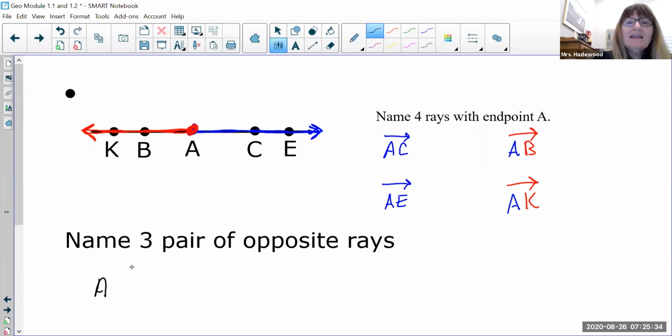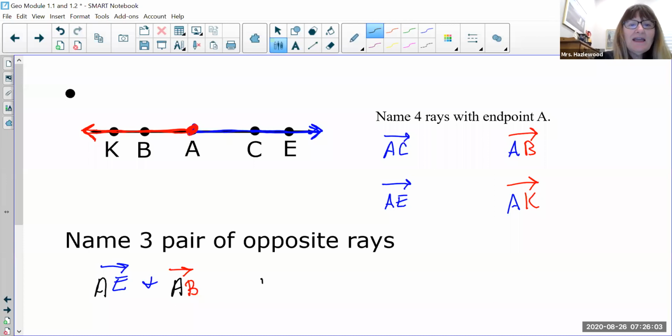So if I say AE, and that's my blue one, the opposite ray I can say is AB, and that was my red one. So those are opposite rays. That's 1 pair of opposite rays. I can name another pair of opposite rays.